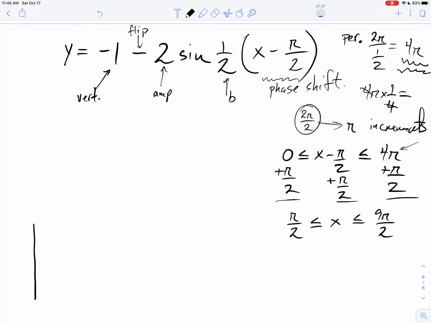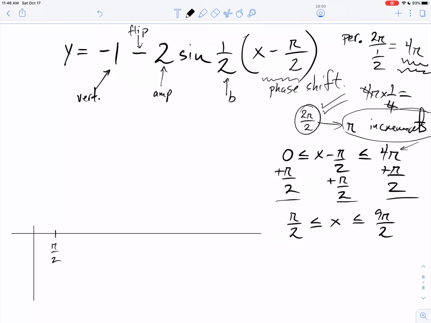So, heck, I'm going to go down here, and I'm going to say, you know what? This particular graph is going to be shifted down 1 vertically. So I know it's going to go down 1, but let's figure out our increments first and see how gnarly this might become. I know I'm going to start at pi over 2. And my increments are in pi, so this is going to be my strategy here. I'm going to start here at pi over 2, but then I'm going to add 2 pi halves to that.